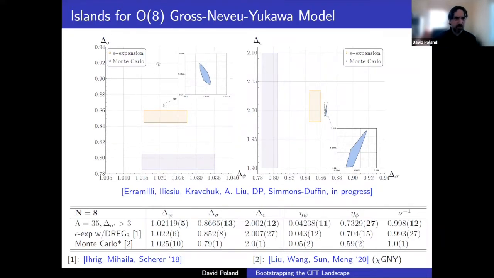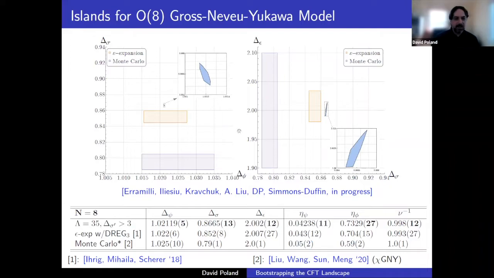So let me zoom in a little bit. Here's a picture of our O8 island compared to the epsilon expansion results, and also computations using Monte Carlo simulations by Liu, Wang, Sun, and Meng. These were computations for a system which should be in this chiral Ising GNY universality class, but as I mentioned before, we expect the exponents to be quite close to the O(N) GNY models that we computed.